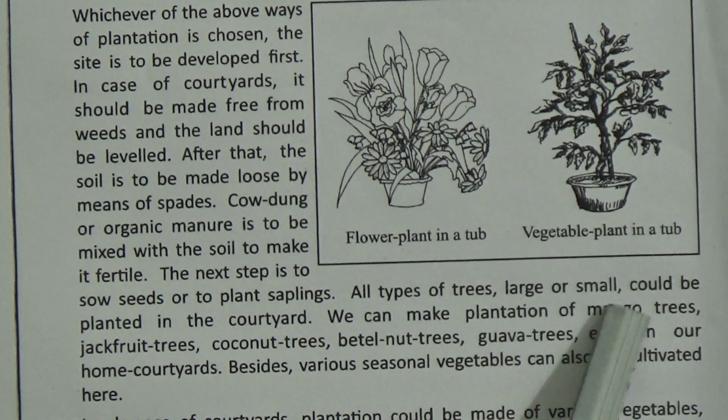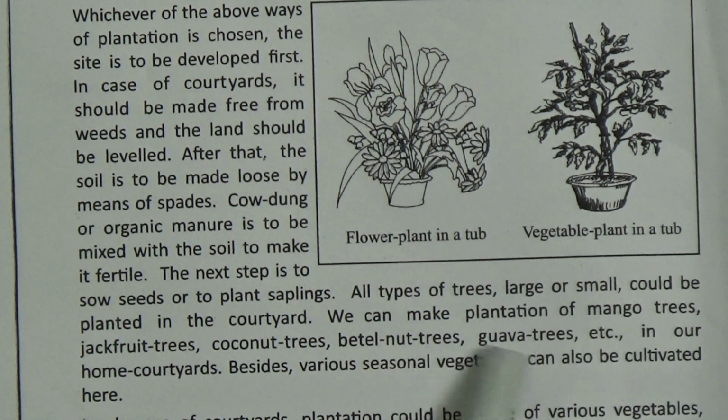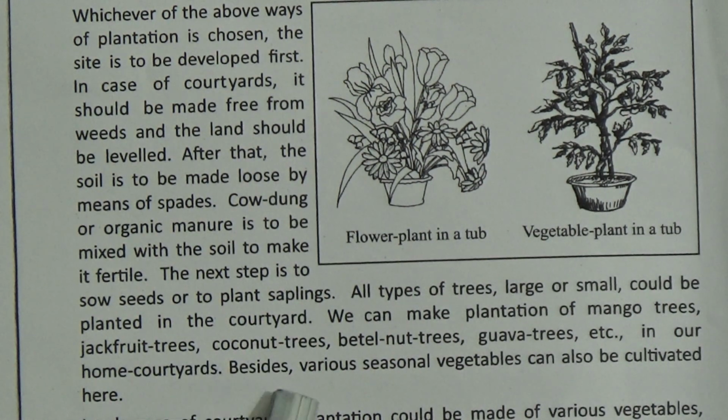All kinds of trees, large or small, could be planted in the courtyard. We can make a plantation of mango trees, jackfruit trees, coconut trees, betel nut trees, guava trees, etc. in our home courtyards. Besides, various seasonal vegetables can also be cultivated here. Moreover, we can plant many kinds of vegetables in our courtyards.